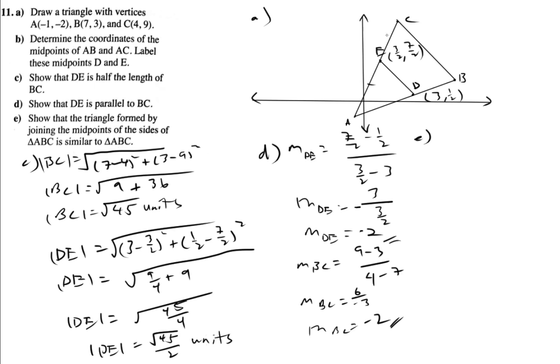Since this is the midpoint, right? So these two lengths are going to be the same. And we know these two lengths are also going to be the same, since we know that these are the midpoints, right? And we know that this is going to be 2 times this. So, as you can see, these triangles are similar because the proportions are pretty much the exact same.